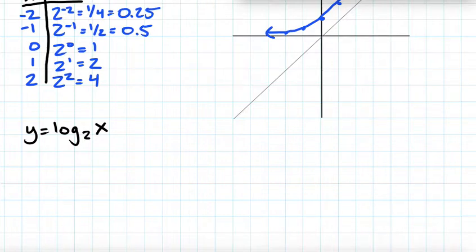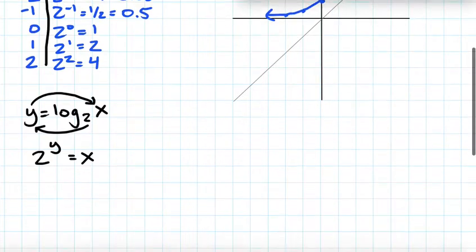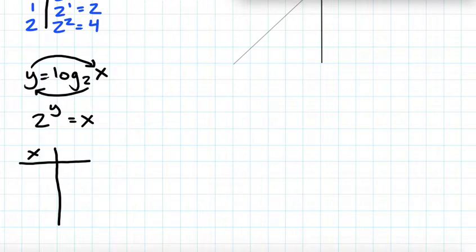In exponential form, this is 2 to the y power equals x. So this graph is going to be done a little bit differently than any graph we've seen so far. I'm going to make a table of values, but this time I'm going to plug numbers into y, and then the answer that I get is going to be the x coordinate.